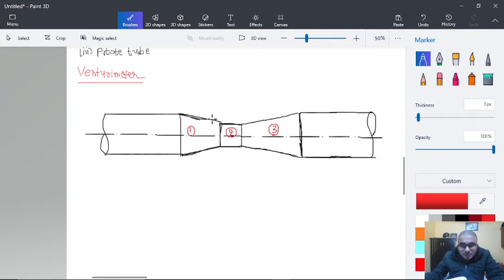So first is a short converging part, second is throat, that is the section with minimum cross sectional area, and then we are having third, that is diverging part.